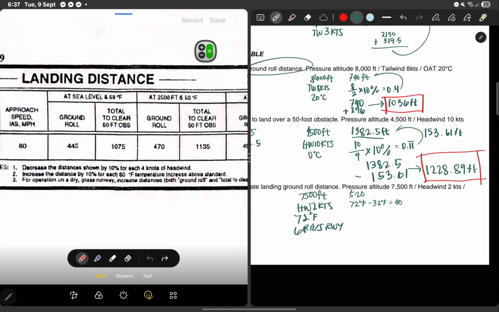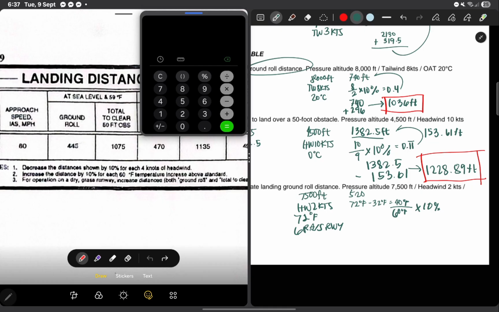Number 2, increase the distance by 10% for each 60-degree Fahrenheit temperature increase above standard. Since we have 40 degrees Fahrenheit, we divide that by 60 and multiply it by 10%. So 40 divided by 60 multiplied by 0.1 is 0.06. We will use this value to multiply our distances.